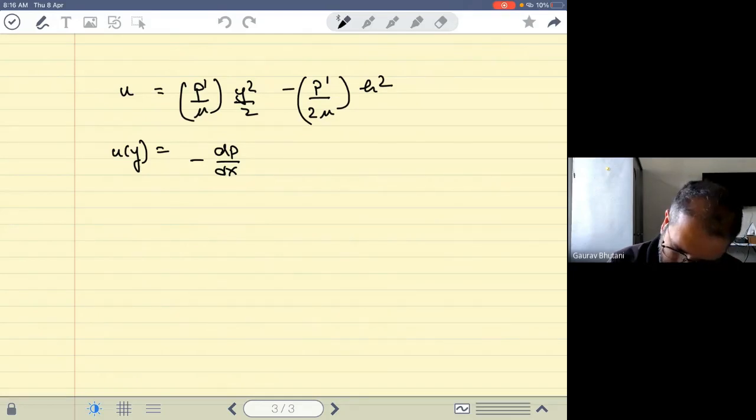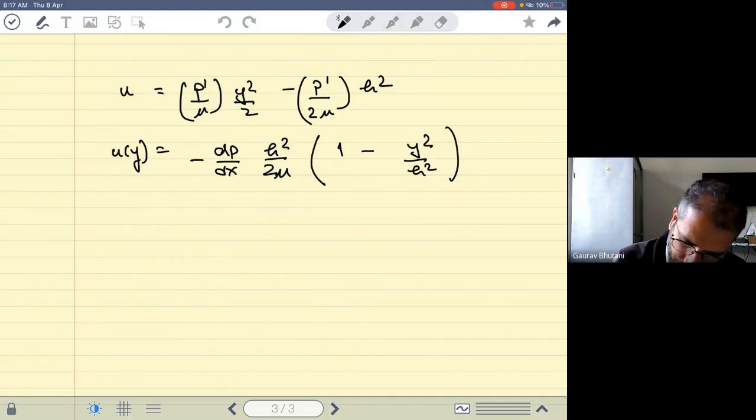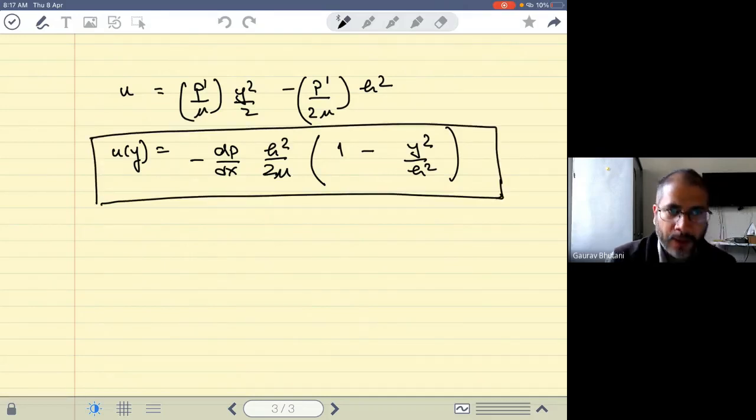In fact, we can take h square by 2 mu common. So that's 1 minus y square upon h square. So that's our expression for the x velocity as a function of y coordinate.